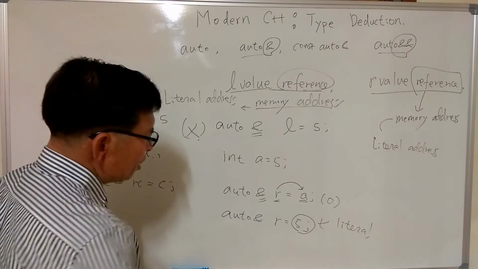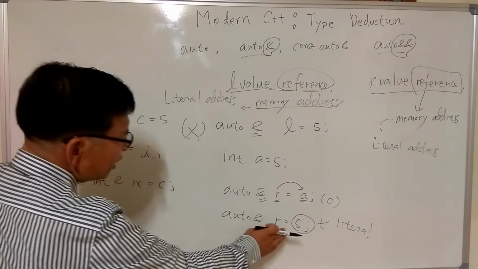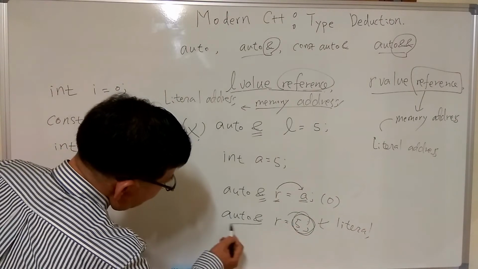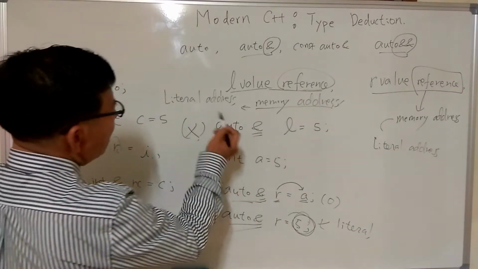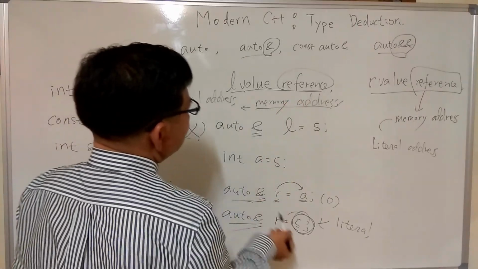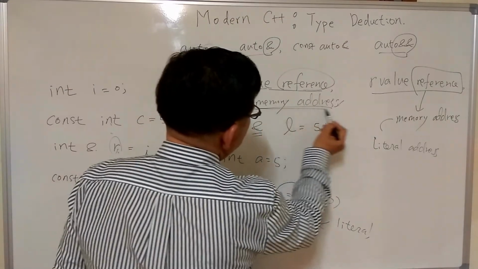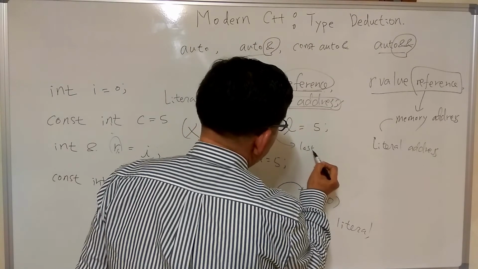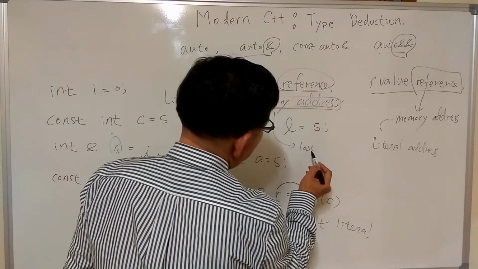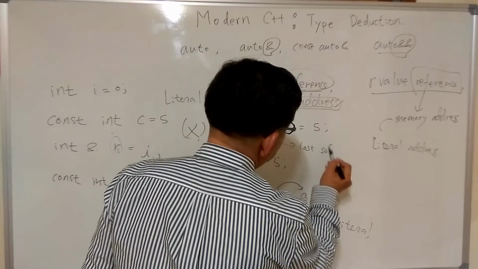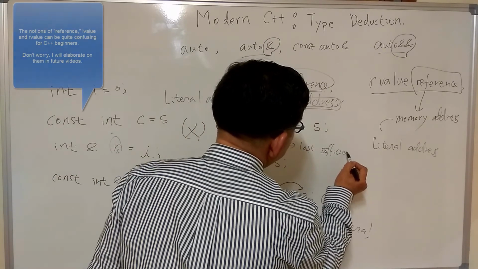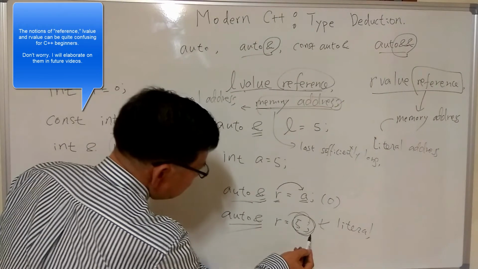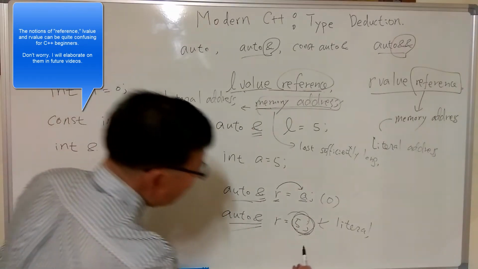So in this case, we cannot take a permanent memory address. L value reference means memory address, but this address should last sufficiently long. It still has a memory address, but it expires soon.